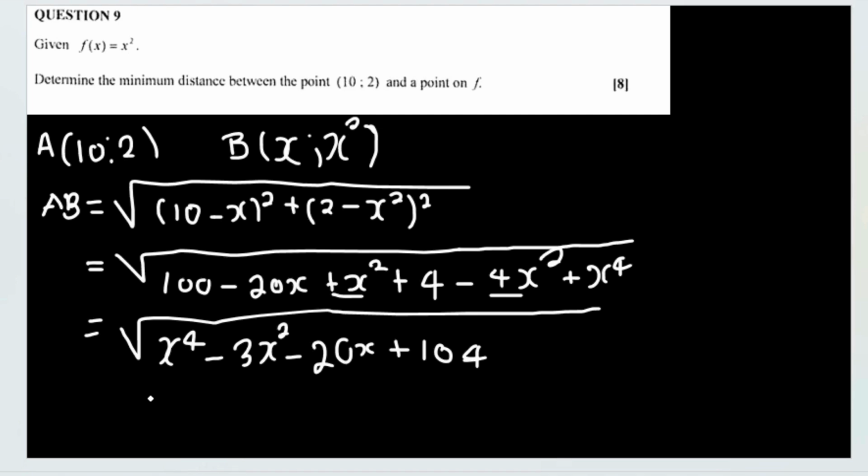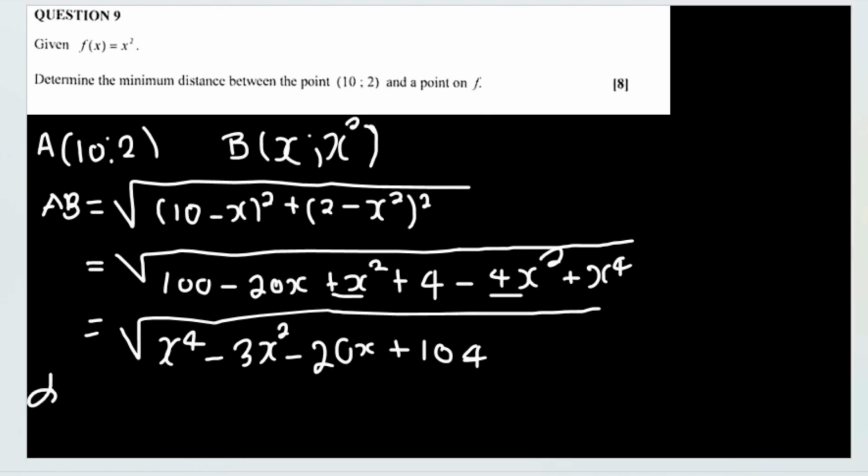How to get the minimum x value is to derive this distance and equate it to 0, because it is where the minimum change of the distance occurs.